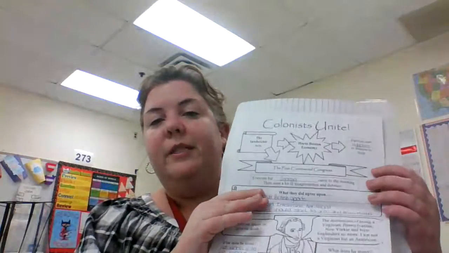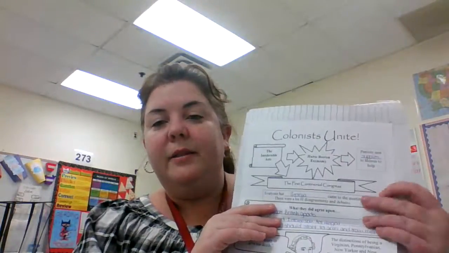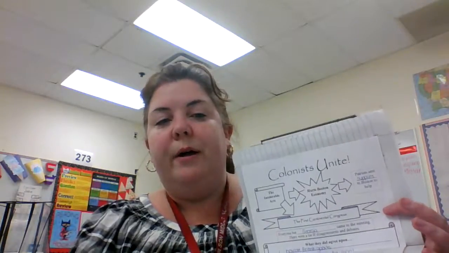These are the worksheets, and they are going to be available in class, and you are going to use the information to fill it in from the video about the reading of King George. What was his problem?